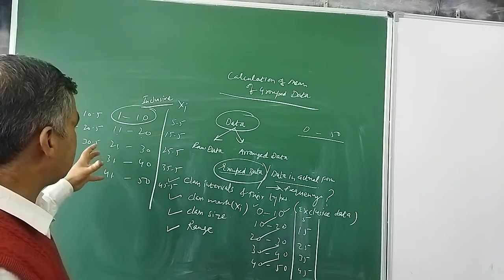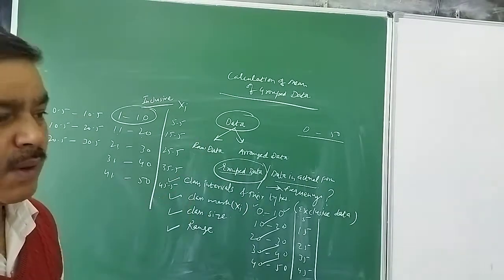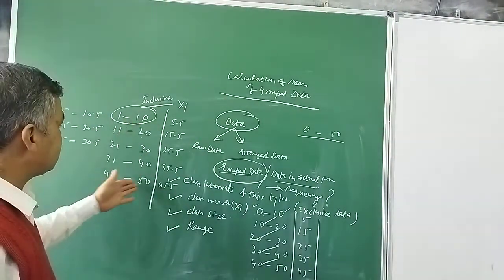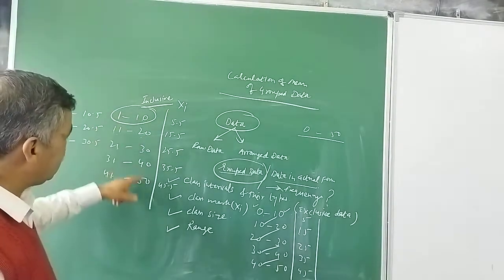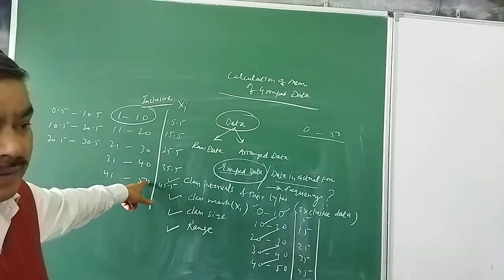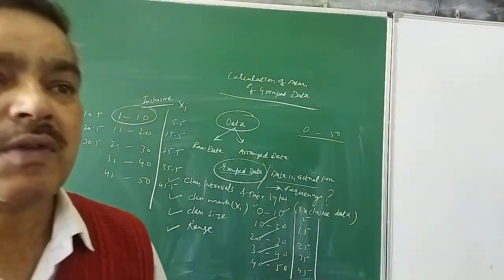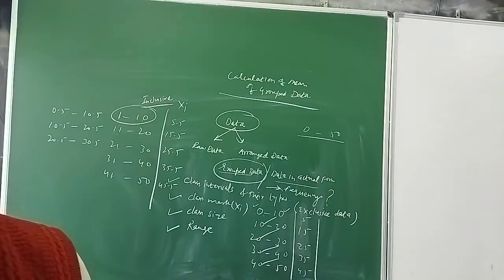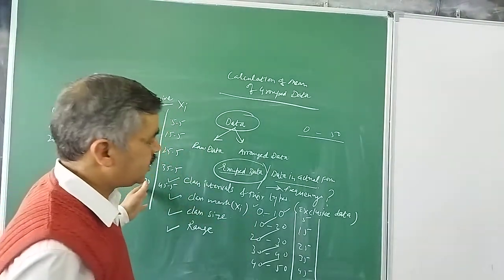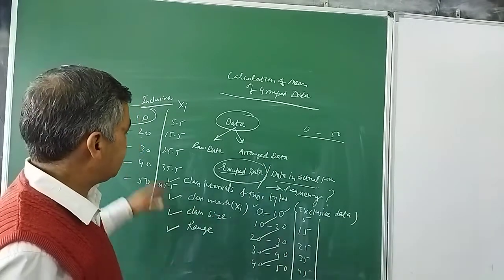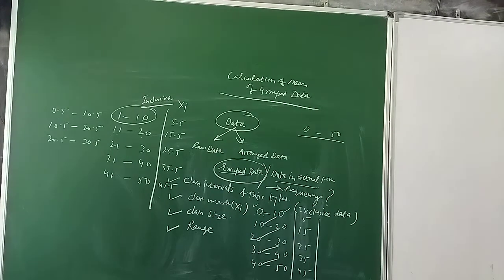Suppose your answer comes to 35.5. I cannot see exactly that in these class intervals, but it is falling in this range of 1 to 50, and I have to consider that. Why? Because mean is an average value. So this is important to understand, again, what is the range of the data.